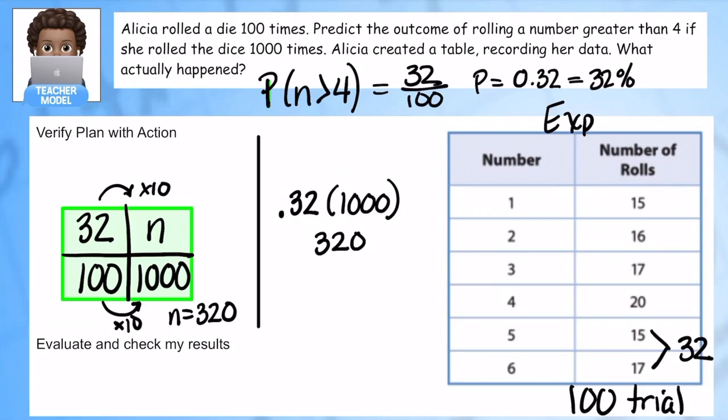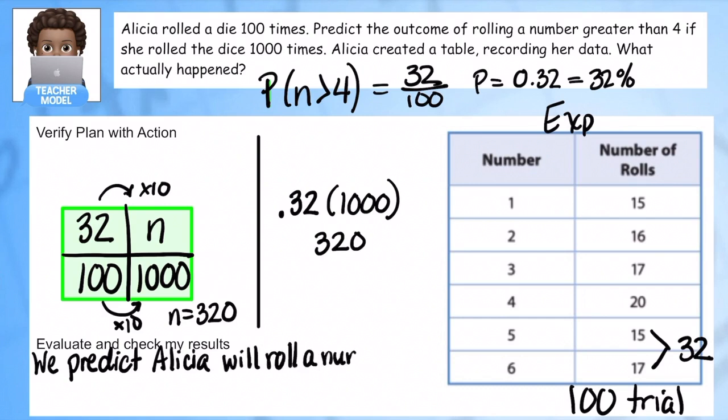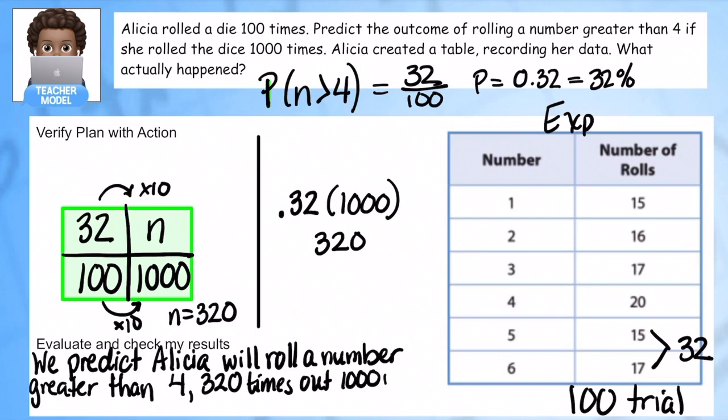Let's put this into our answer now. What actually happened? Predict the total outcomes of rolling greater than 4 1,000 times. We predict Alicia will roll a number greater than 4 320 times out of 1,000 rolls.